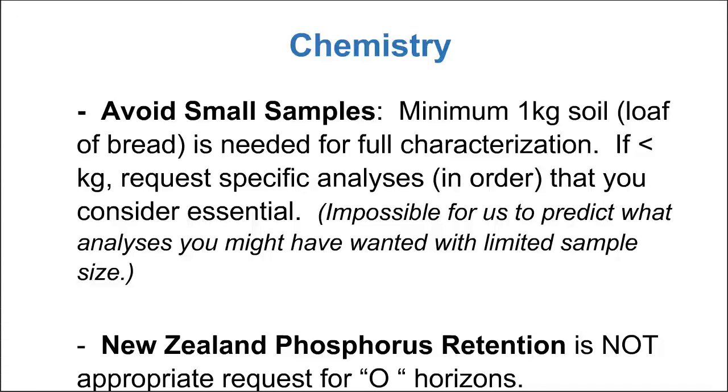I want to add one closing comment on the small sample size business. Oftentimes if you're working from a pit or something where you have lots of access, getting a large bag of soil is not too terribly challenging. If you're using a push probe or some other type of sampling protocol, it's common that you may not have enough sample.